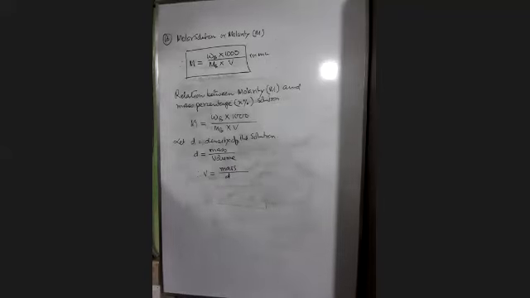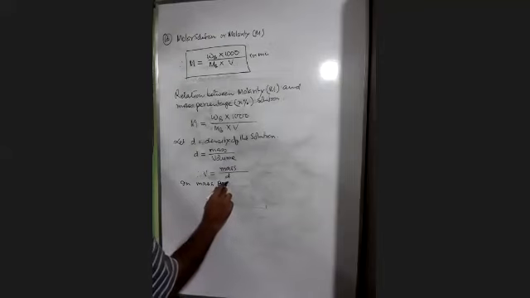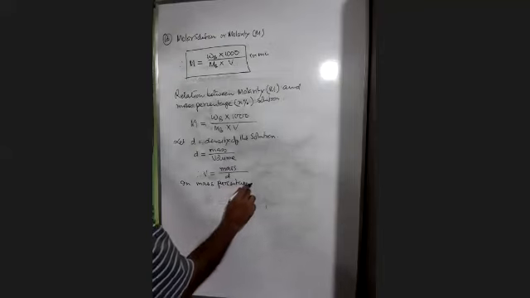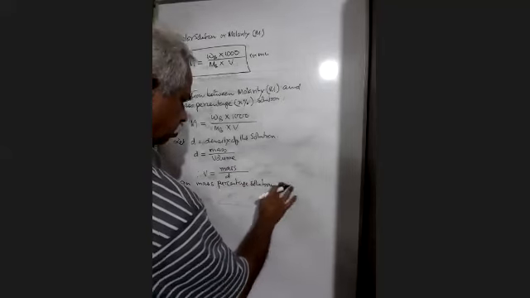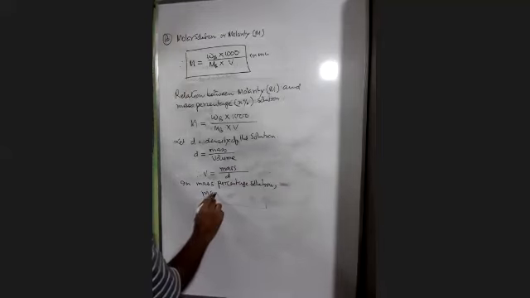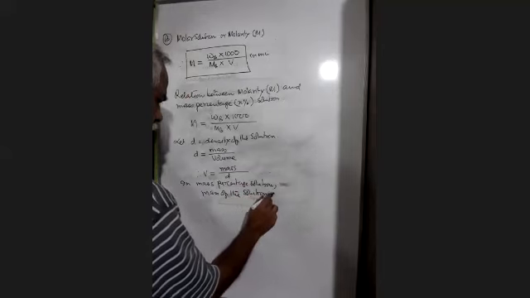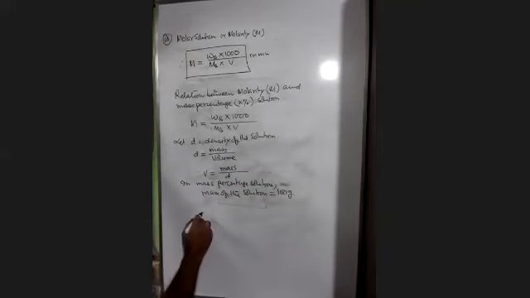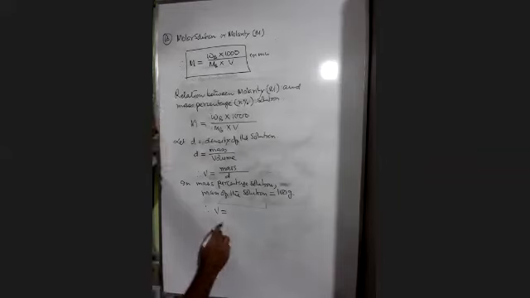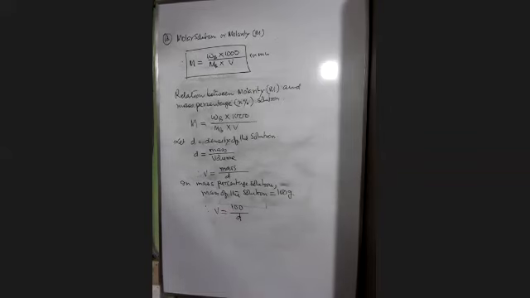What is the total mass of the solution? In mass percentage, the mass of the solution is 100 gram, dear. So therefore, what should I write now here? Therefore, V is equal to 100 divided by D. Right, up to this. Then I will again do it.